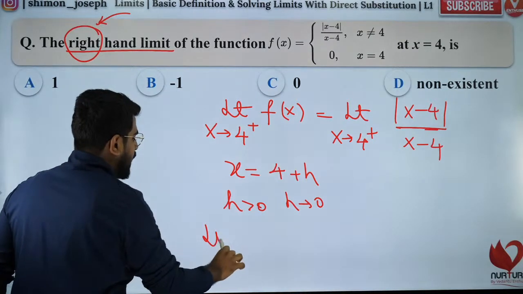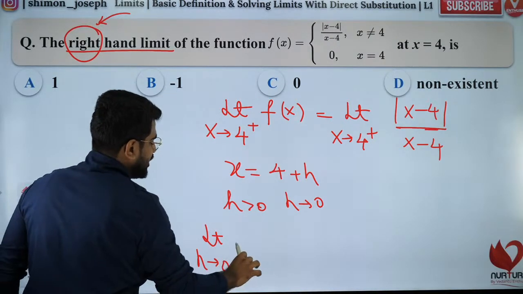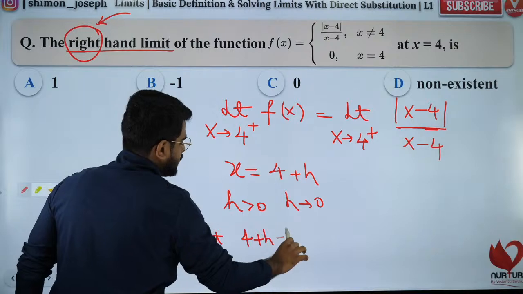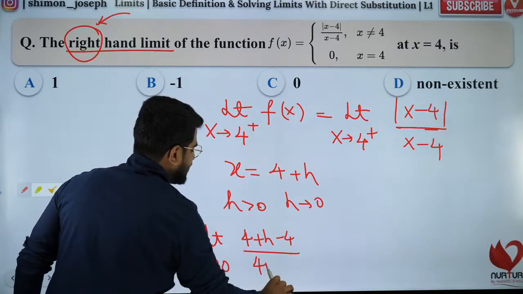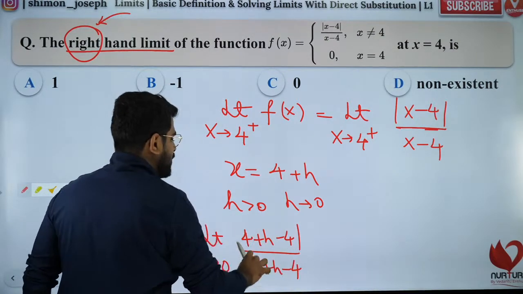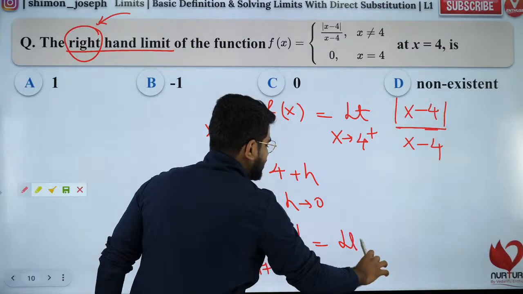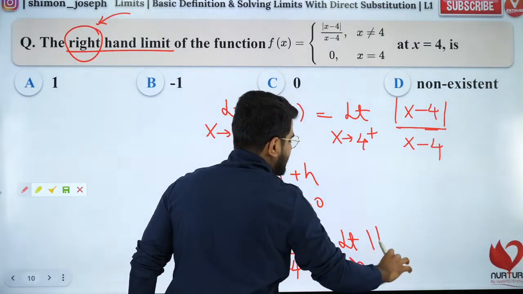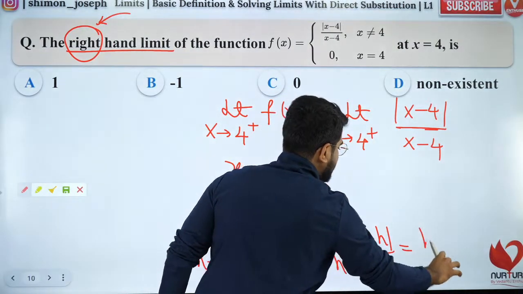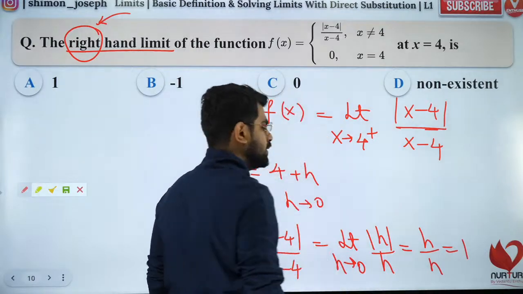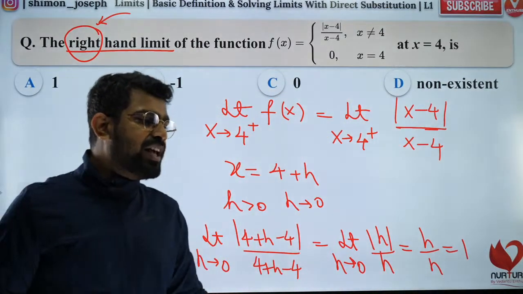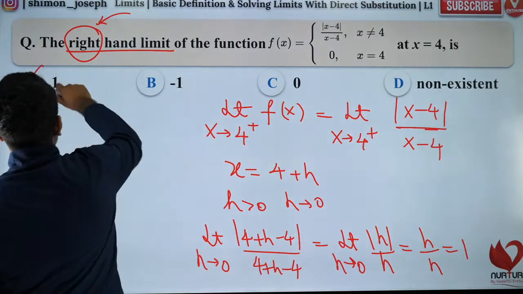So the limit will now become limit h tending to 0, modulus of 4 plus h minus 4 divided by 4 plus h minus 4. It will become limit h tending to 0, modulus of h divided by h, which is h by h, which is equal to 1. Got it? So the answer is option A, 1.